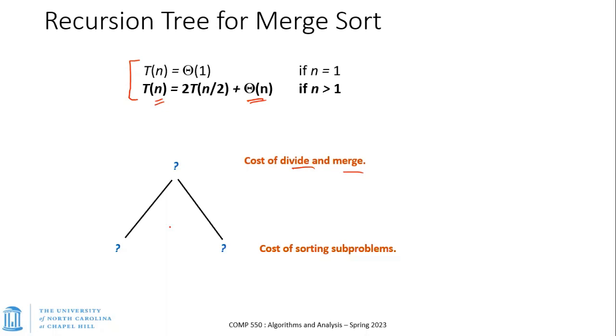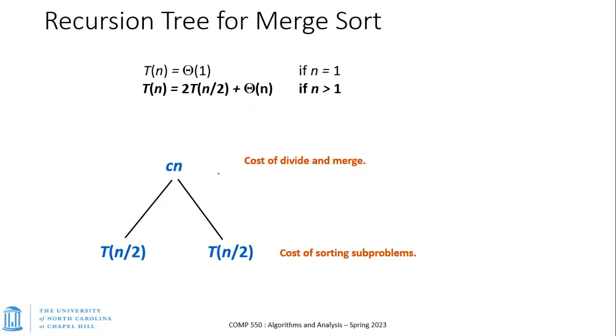The cost of divide and merge is going to be constant, that comes out of here, and the cost of sorting the smaller problems comes out from here. So this 2T(n/2) can be represented as a recursive tree. Now we can keep on taking this forward.